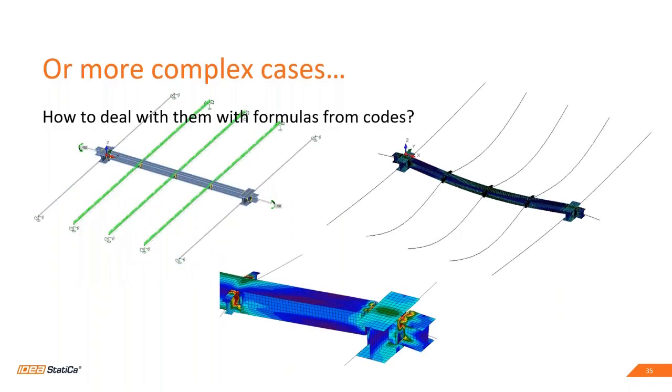Or you can see a secondary beam connected to primary beams by shifted end plates. Again, we can model the connection as it looks in reality, and we can analyze the influence on the beams.